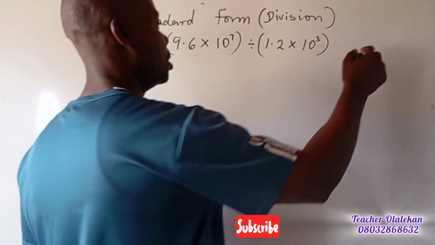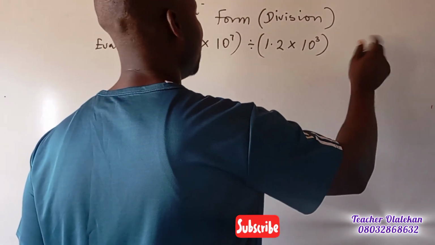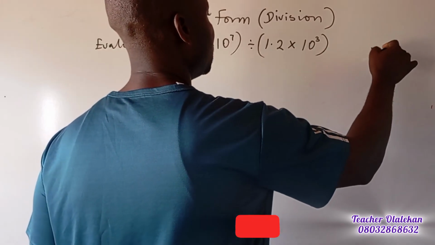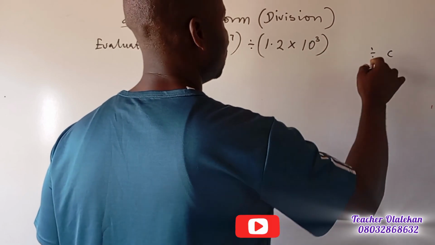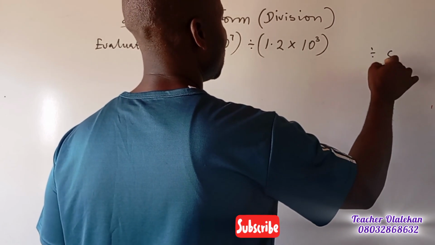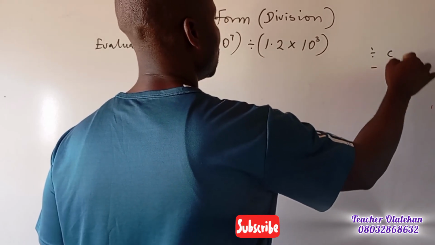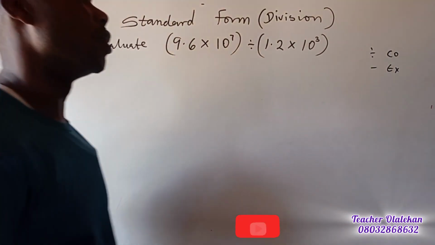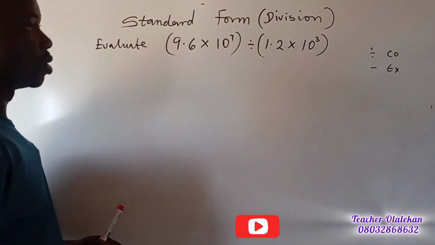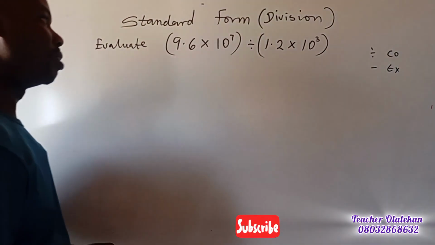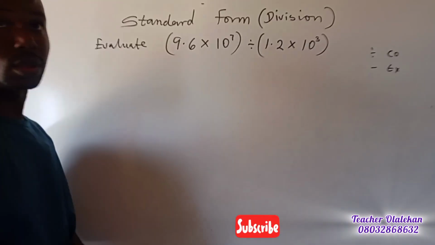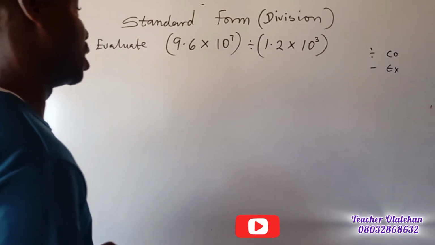First you divide your coefficients, and after you've done that, you take away your exponents. That's because division in indices means you take away. That is one of the power laws of indices.